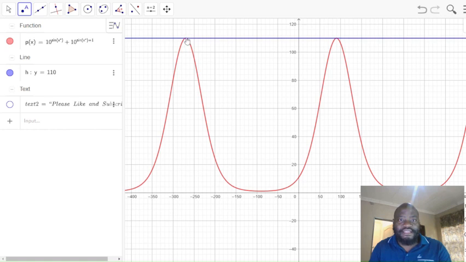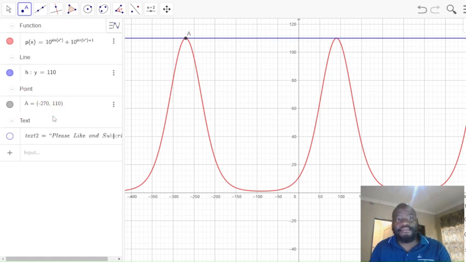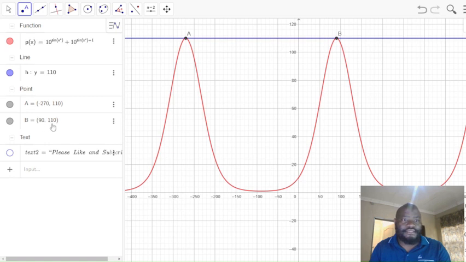Then to verify exactly where these two points of intersection are, I'll use this point tool and put a point here, and we see that the coordinates of that point is -270 as we got in the working out. Then here also, if we put a point, we see that that is 90 degrees and 110. So that is the graphical solution and the graphical proof of what we did just a few minutes ago.